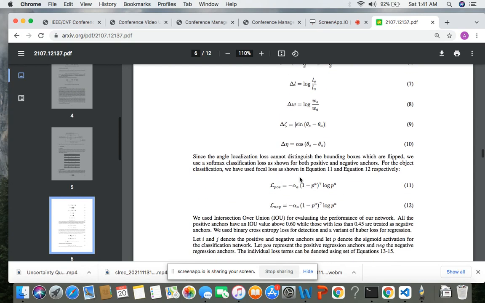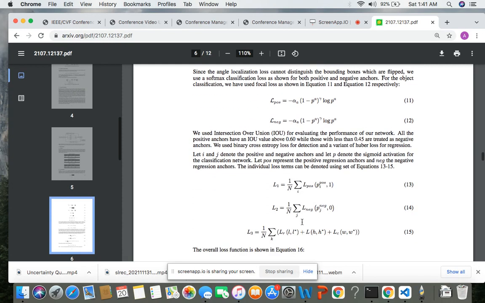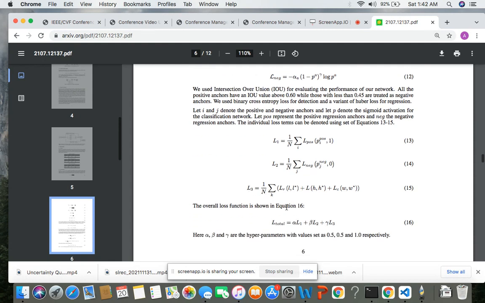So the complete loss function is made up of a first term which is a positive term, and the second is made up of a negative term, using these two individual equations. Summing over, we are able to get the first two individual terms of the loss function, and similarly we are able to get the third using the bounding box coordinate values along all the three individual dimensions.